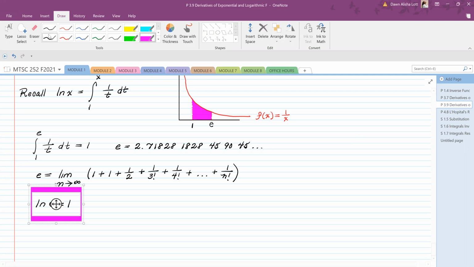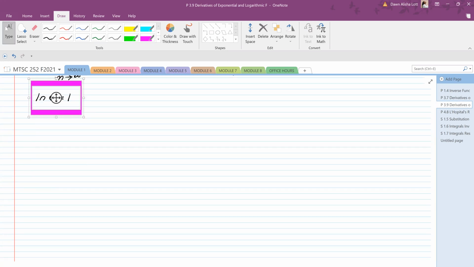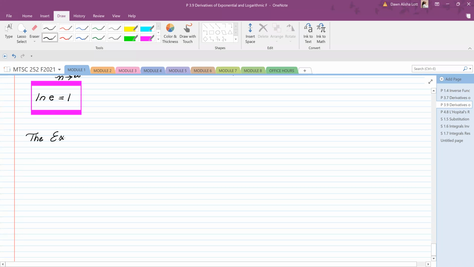Now, why is e so important? Okay, well, we can create what we call the exponential function. And this exponential function is y, or f of x, is to take this number e and raise it to the x power.